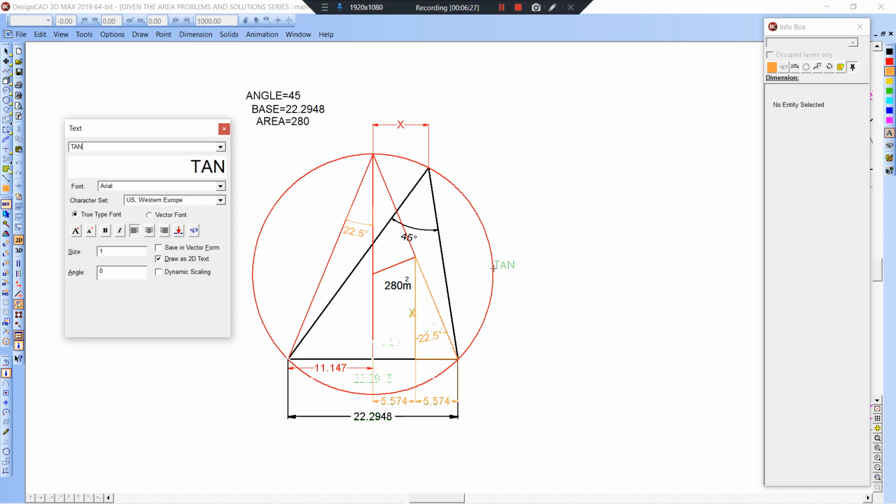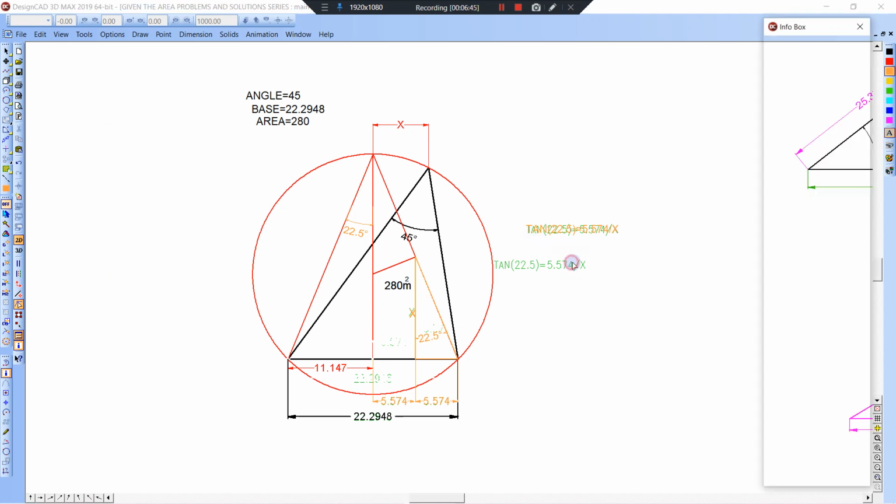Tangent of 22.5 equal to 5.574 divided by x. And then we just solve for x there.